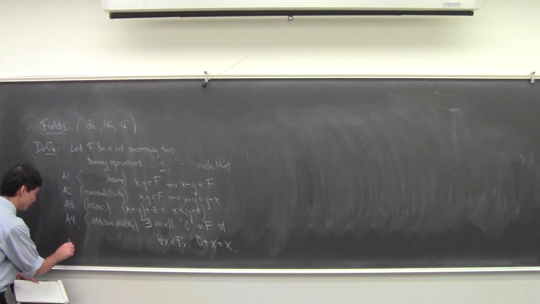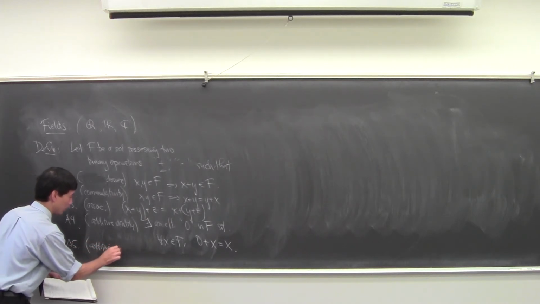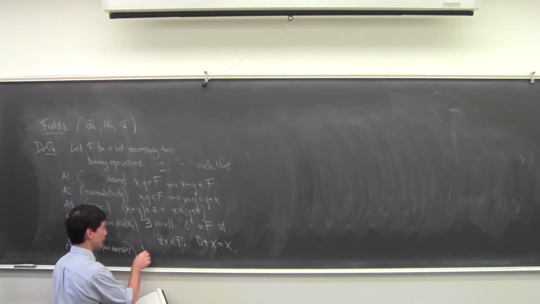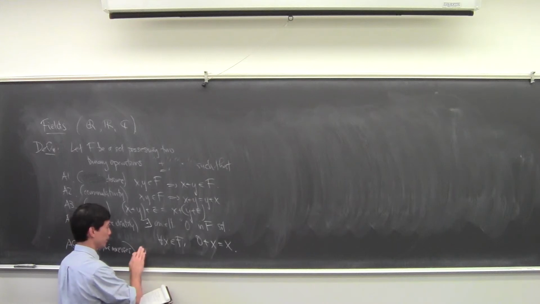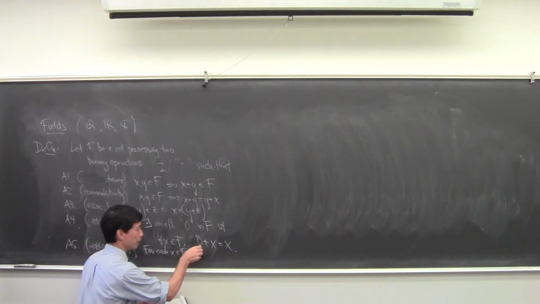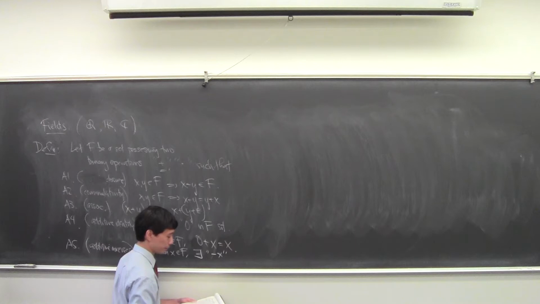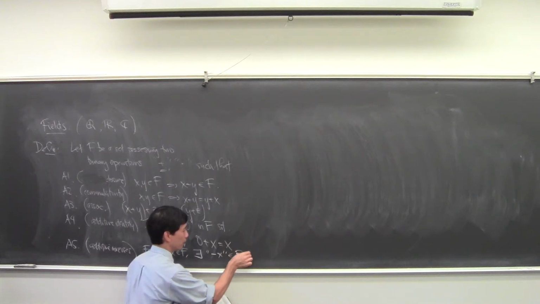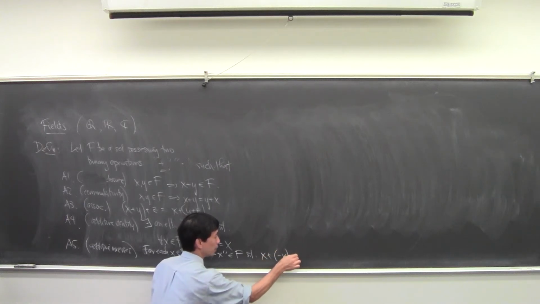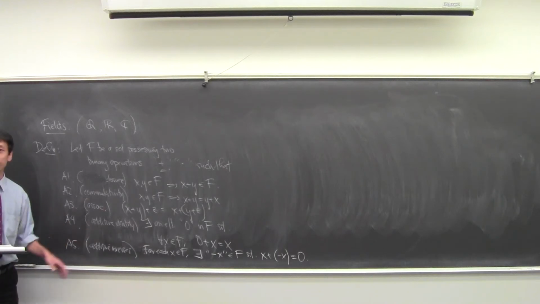And the last one, the existence of additive inverses. For each x in your field, there exists somebody called negative x in the field, such that when you add them together, you get the additive identity guy that we mentioned before.